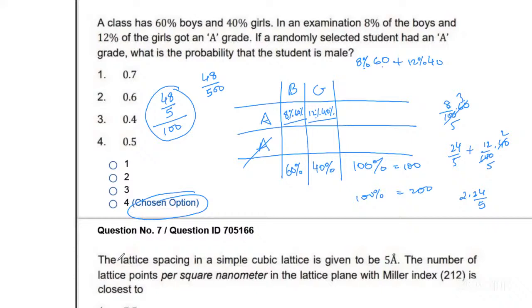So what is the error I'm getting? 8% of 60% is 480 over 10,000, so 0.0480, plus 12% of 40% is 480 upon 10,000, 0.0480. So where am I going wrong?